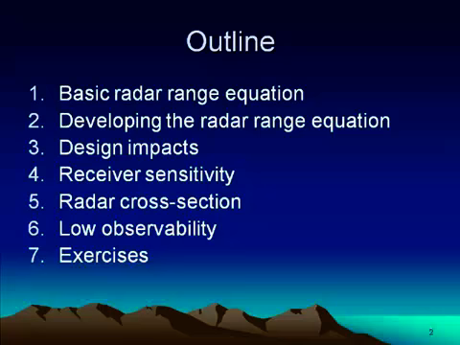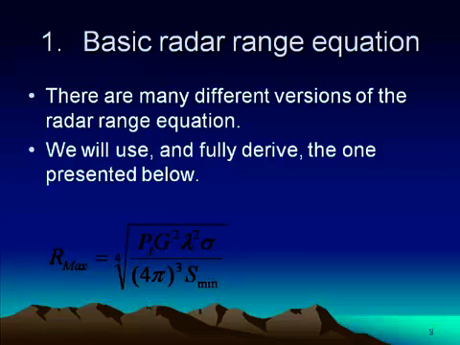Here R stands for the radar range, that is the distance of the target from the radar system, and it is given in terms of transmitter power, the gain of the transmitting antenna, the frequency of operation, the minimum signal required for the receiver, and also the target specific parameter called radar cross section, represented by the symbol sigma. The parameters mentioned are given in the slide now.